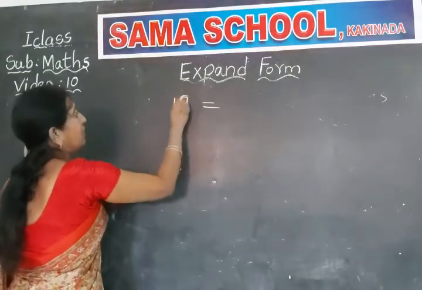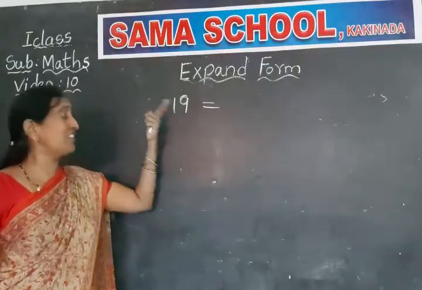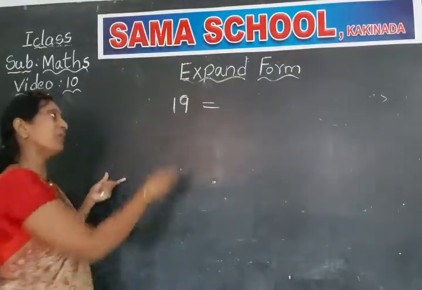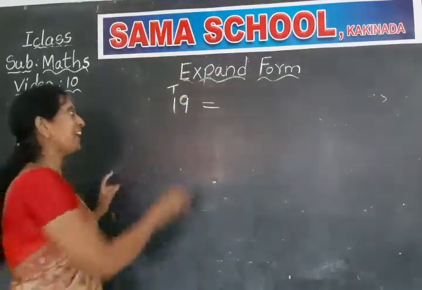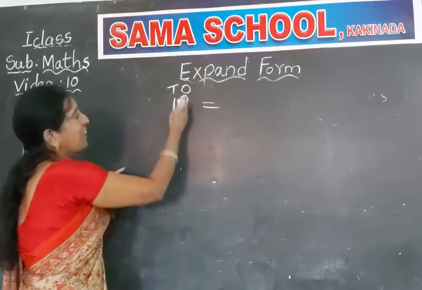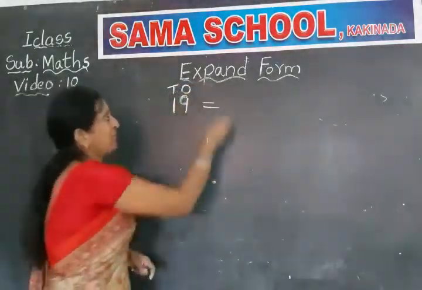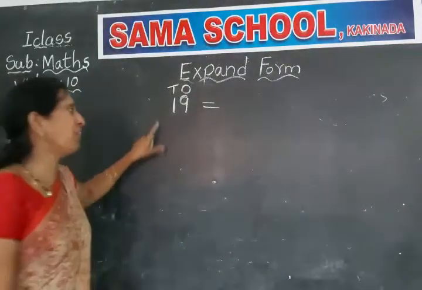See the number 19. Now which is in the ones place and which is in the tens place? 1 in the tens place and 9 in the ones place. Very good. Now in the tens place how many tens are there? Only 1 ten.